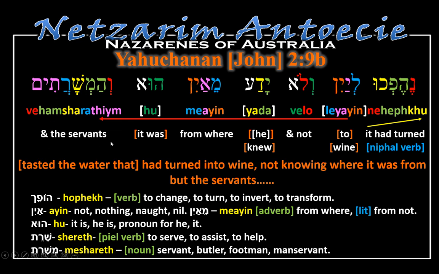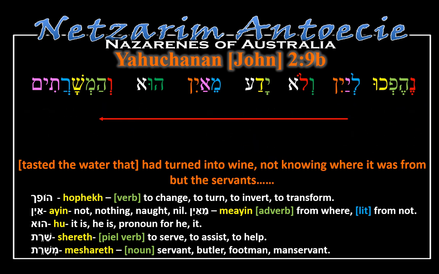Ha-mesharetim, and the servants. So how do we get that? We've got the word here, sharet, which is a piel verb to serve, to assist, to help. So then we have mesharet, which is a noun, meaning servant, butler, footman, or manservant. And the translation is tasted the water that had turned into wine, not knowing where it was from, but the servants.